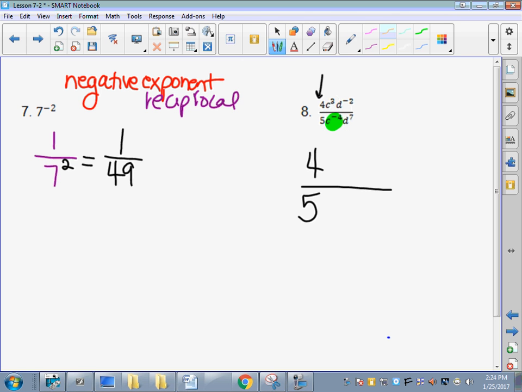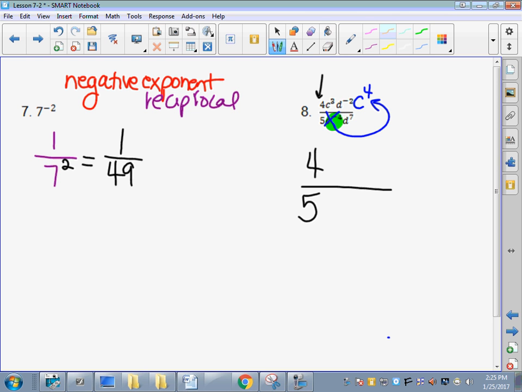This is where thinking of it as putting it to the other side of the fraction, flipping it over, helps out. So I'm going to take this C to the negative 4, I'm going to bring it around to the top of the fraction since it started in the denominator and make it a C to the positive 4. And then I'm going to cross that out because I already took care of that.